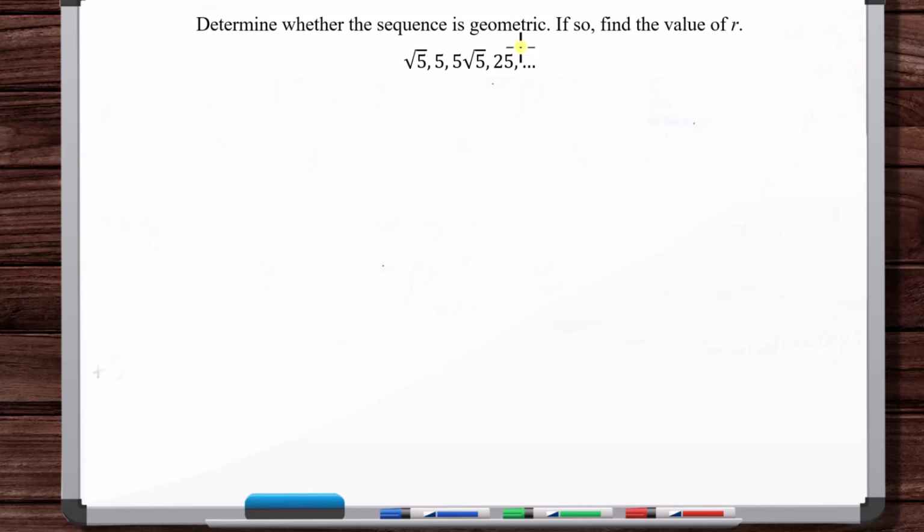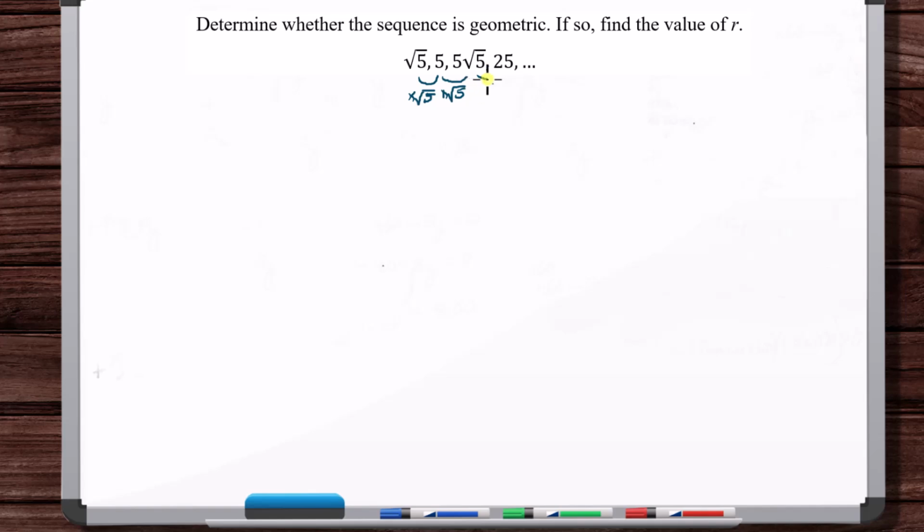Okay, same problem. You need to use your algebra skills here. When we go from the square root of 5 to 5, we're multiplying by what? Square root of 5, right? Square root of 5 times square root of 5 is 5. To go from 5 to 5 root 5, you're multiplying by root 5.